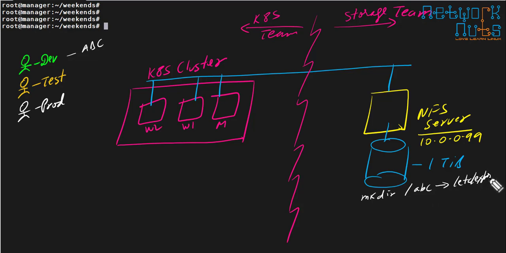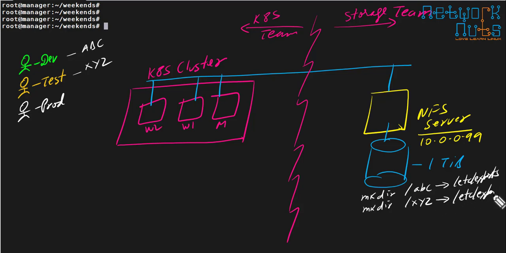Every time they create an application that asks for storage, the storage guys have to create a folder and update etc exports. Now tomorrow test is trying to create an application XYZ, then these guys have to again create a directory for it, mount it separately, XYZ, and then again update etc exports for it.